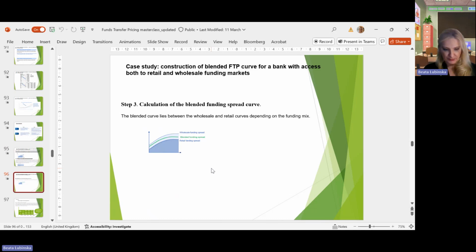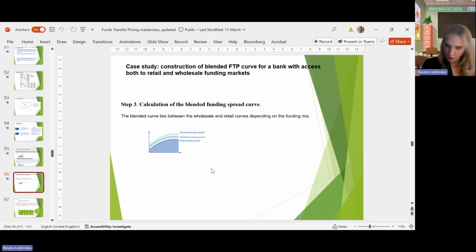Usually, FTP is set up at a point in time. So it answers the question: how much will it cost today to fund my 1 year asset, or how much will it cost me to fund a 2 year asset today, or 5 years, but it is today. So you are not looking historically.